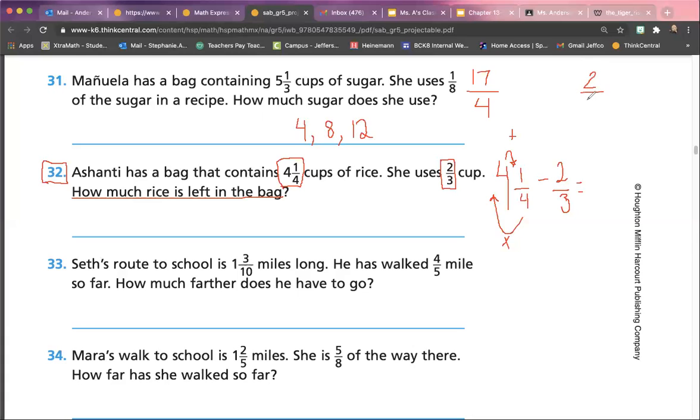So 17/4 minus 2/3. But they're different denominators. We have to multiply 4 times 3, 17 times 3, and 2 times 4. So let me do this really quickly, and I'm going to split these up into 2 boxes so you guys can see my boxes a little better.